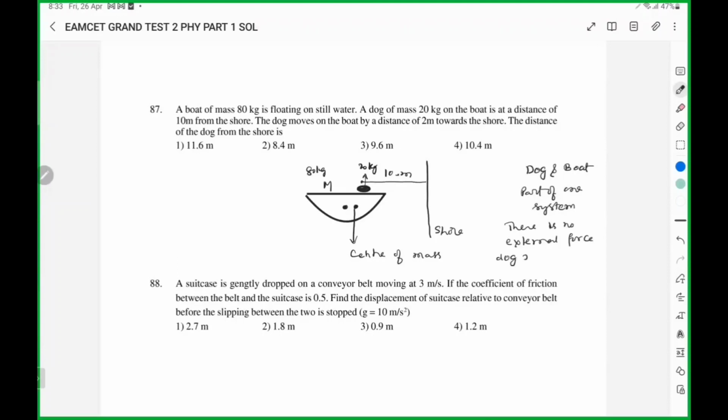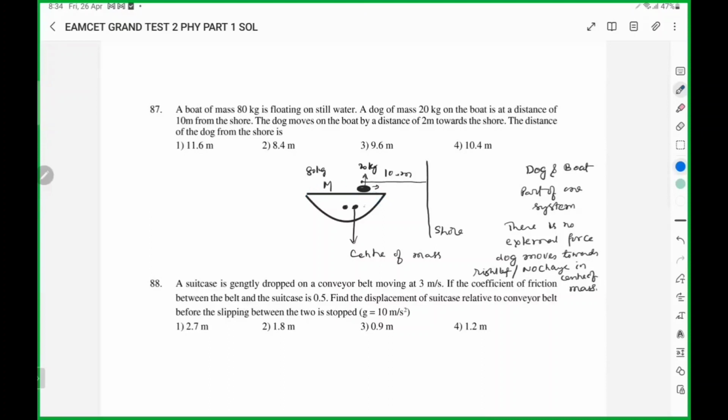When the dog moves towards right or left, since there is no external force, there is no change in the center of mass. So even if the dog moves towards the right, the center of mass must be here. When it moves towards it, the center of mass has to be here, which means the boat has to move.